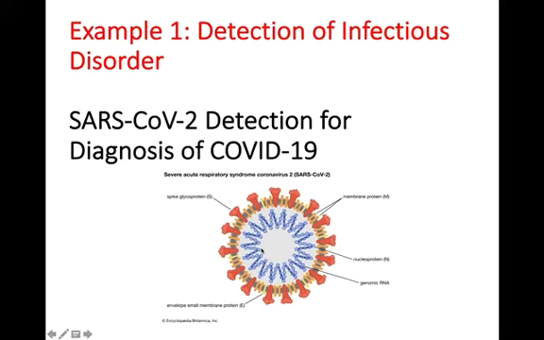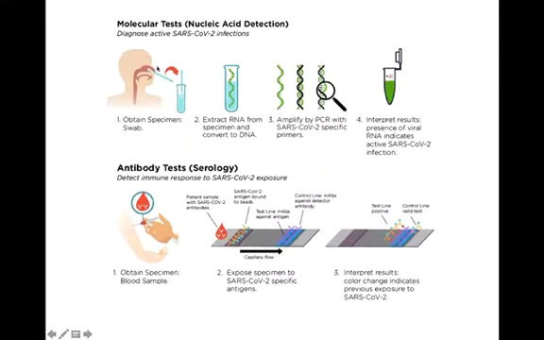So let's take a very famous example of detection of the coronavirus, SARS-CoV-2, that is causing the COVID-19 disorder. So generally what happens when you go to a lab, they take your oropharyngeal or nasopharyngeal sample because the viral population is pretty much high in that specific area as it is a respiratory virus.